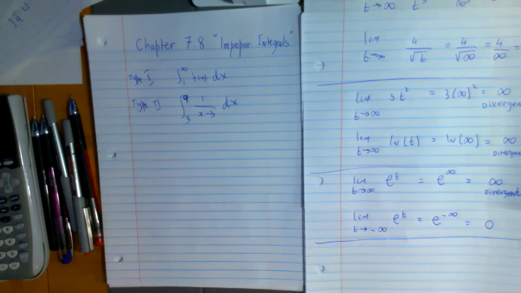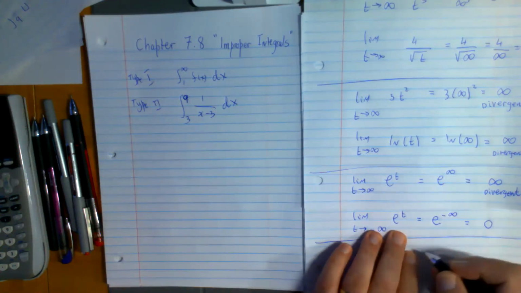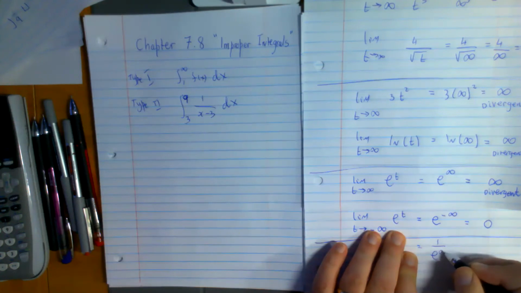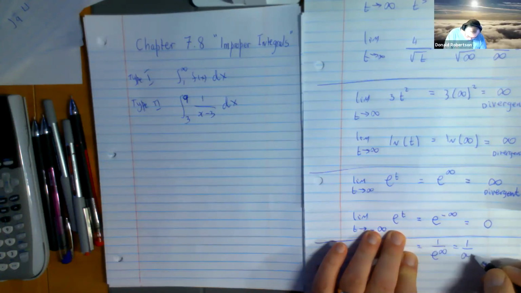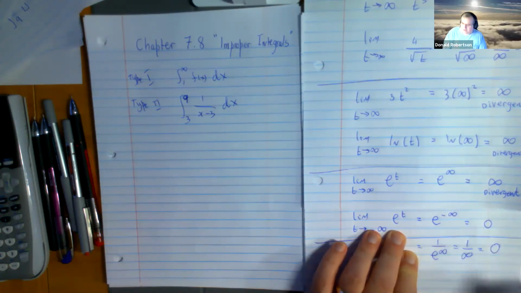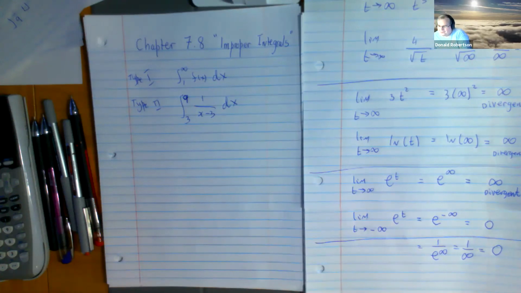It's 1 over e to the infinity, which makes it 1 over infinity, and doesn't 1 over infinity get you back to 0? Agreed?